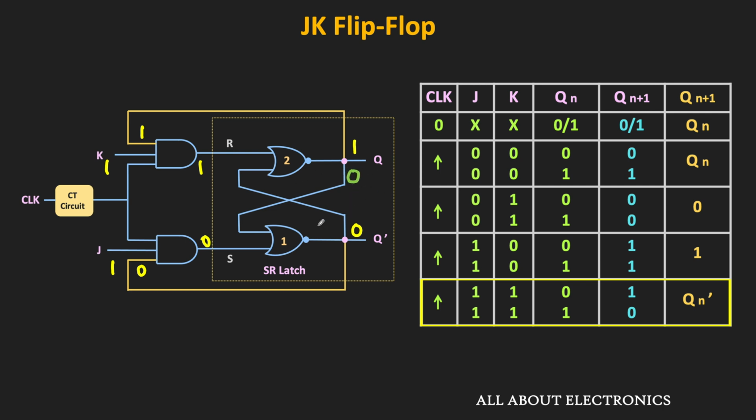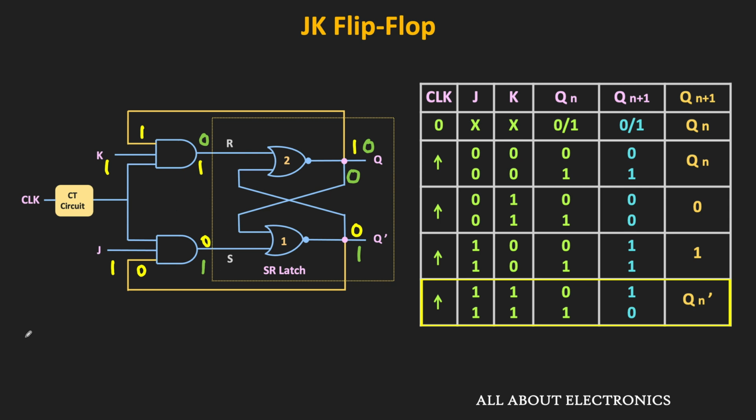Similarly, let us take another case where the value of Q is 0 and Q bar is equal to 1. So if Q is 0 and Q bar is 1, then the output of the upper AND gate will become 0, while the output of the lower AND gate will become 1. So in the present state, if Q is 0 and Q bar is 1, then S is 1 and R is 0, and therefore this flip-flop will get set.